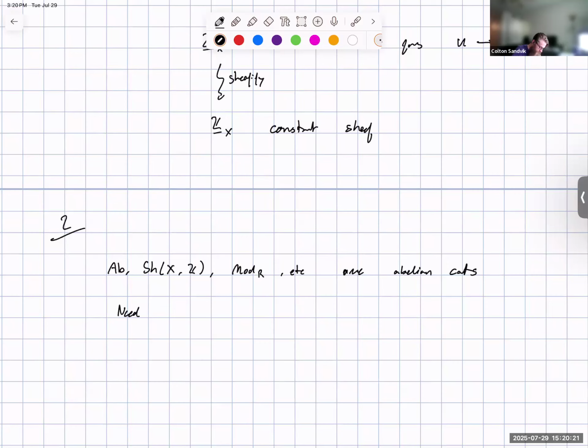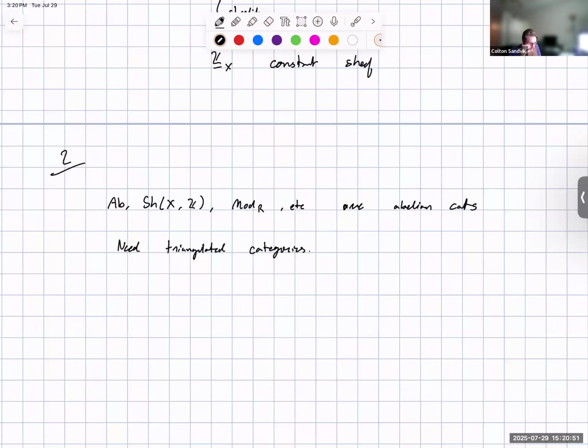I don't know if need is a strong word, but we're going to introduce triangulated categories as kind of an analog of abelian categories, and these should be thought of as the basic structure of things like the derived category. It also gives you the tools and formulations you need in order to actually work with them for the most part.